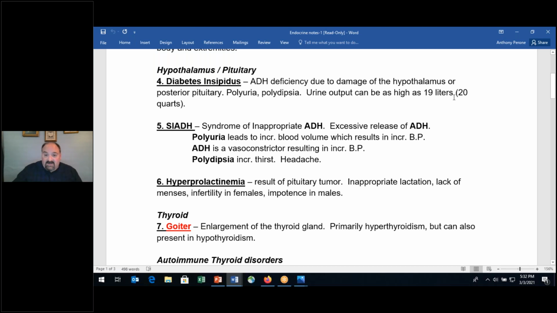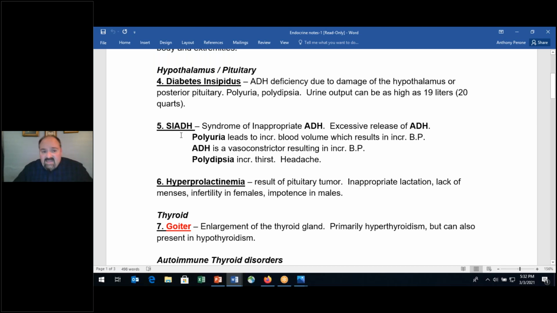The urine output can be as high as 19 liters in a day. That's a crazy amount of urine. We produce a lot of filtrate, but we reabsorb most of that in the kidneys back into the body. But if you're just producing this much urine and it's coming out of your body, boy, that's quite a medical emergency that needs to be handled, because if it's not maintained, the person could die.